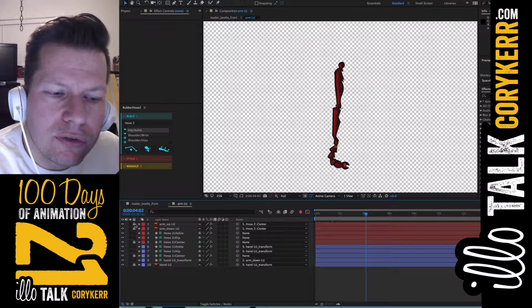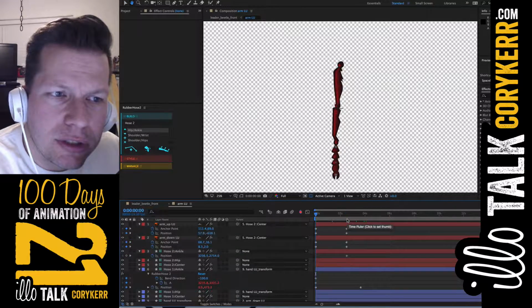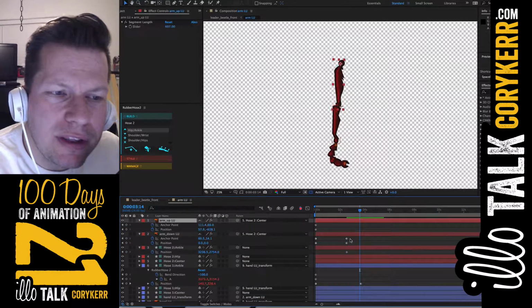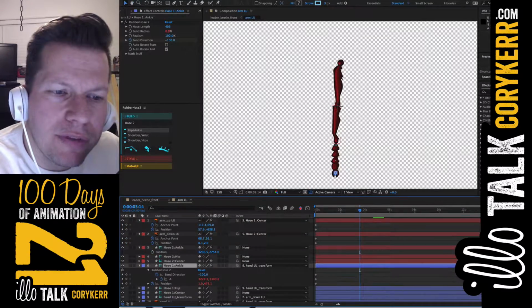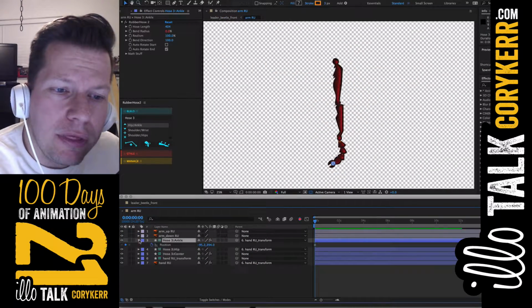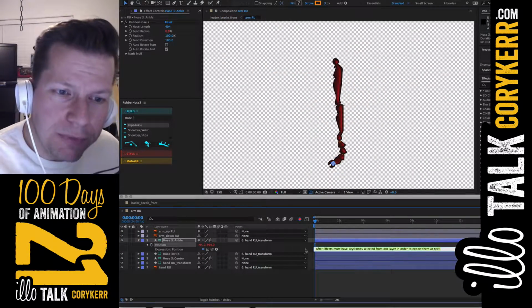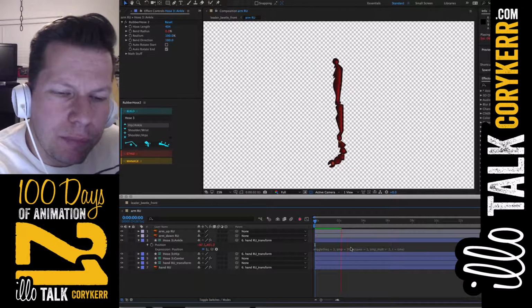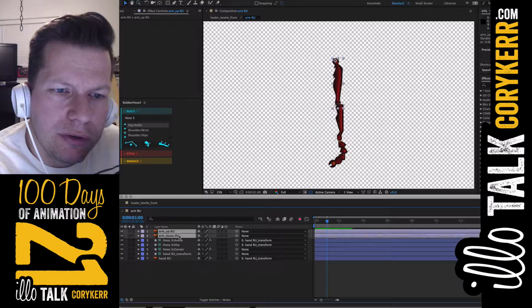I'm taking those controls and adding a wiggle expression to them, and adjusting the frequency and the amplitude so that, as you saw in the beginning, they move on their own. Combine that with the fact that they are parented to different parts, and the whole thing is parented to each other.